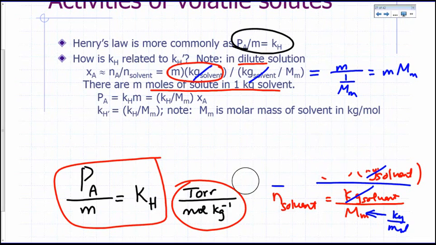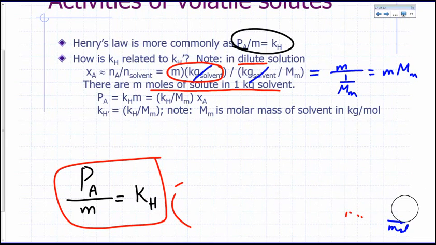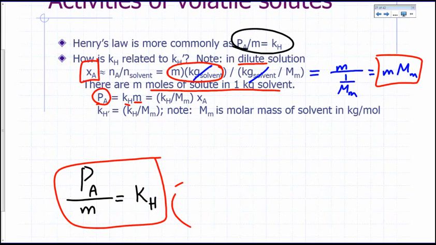So if that's the case, let's relate KH and KH prime now. We say PA, partial pressure of A, is equal to KH times molality. We're going to solve for molality here. X of A equals molality times molar mass of the solvent. So molality is X of A over molar mass of the solvent.